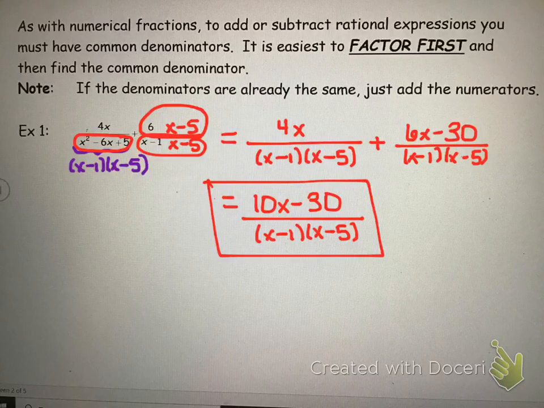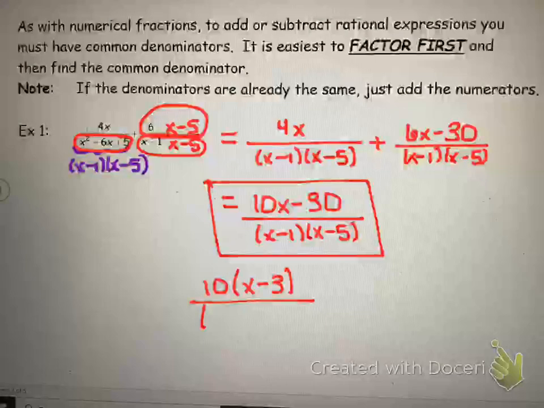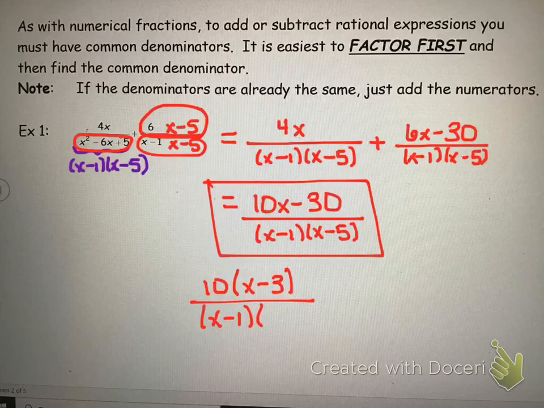There are other forms you could write it in, you guys. I don't want you thinking that you have to stop here or that you can't go any further. You could pull a 10 out of the numerator and leave it as 10 times x minus 3. Doesn't really accomplish anything, so you could leave it written like this. And once again, I know I'm being repetitive and I apologize for that, but you could choose to FOIL those denominators back out.